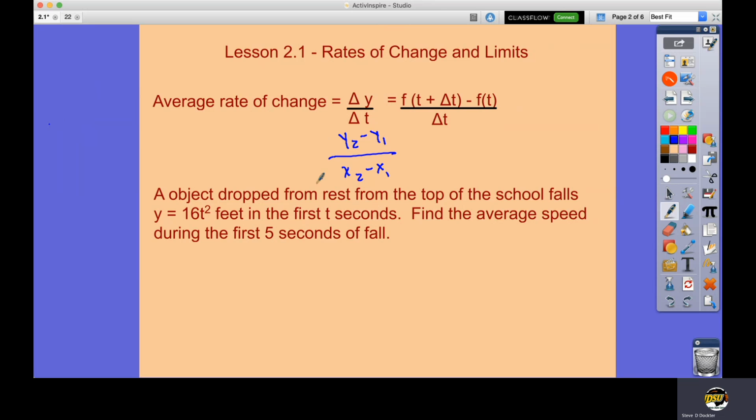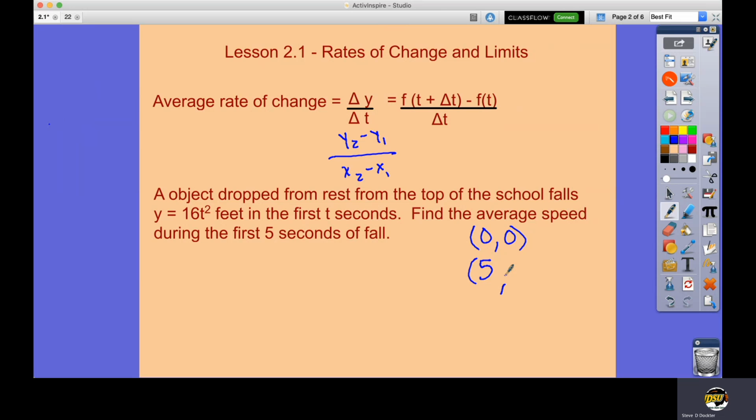Well, to find slope, we've got to have 2 points, right? If I plug a 0 in for t, what is y going to equal? It's going to equal 0. And then I've got to use a 5 here. If I plug 5 in there, what do I get?